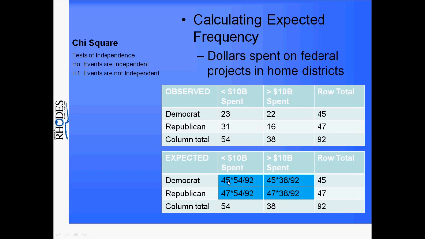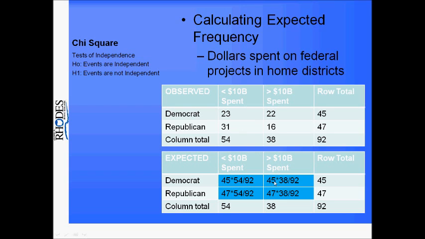So like the 45 and the 54: you multiply those two and divide by 92, and it'll give you an expected number for this 23. Do the same thing here: 47 times 54, you can see the 47 across, 54 here, to get an expected number here.